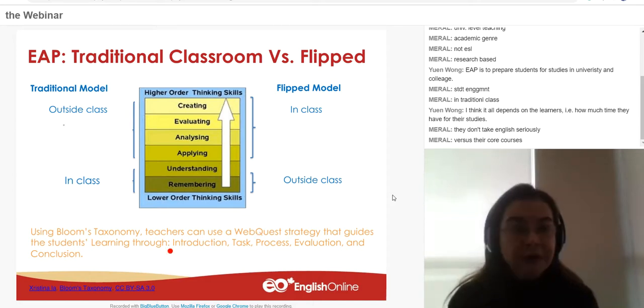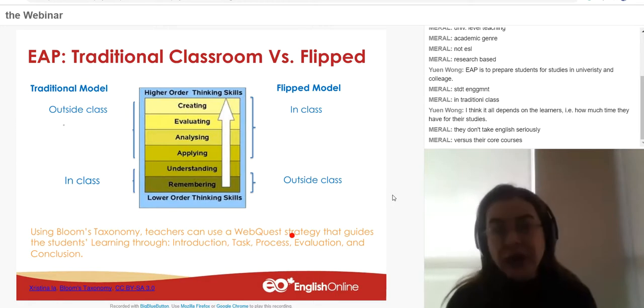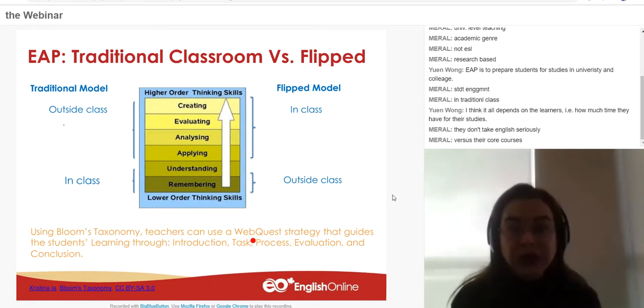One of the effective strategies to use is the web quest strategy. So I would like to ask you if this term sounds familiar to you, a web quest. If you've read about it, if you have tried it personally in your classrooms.